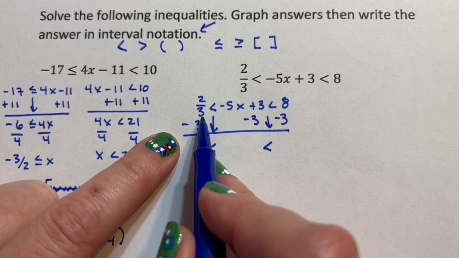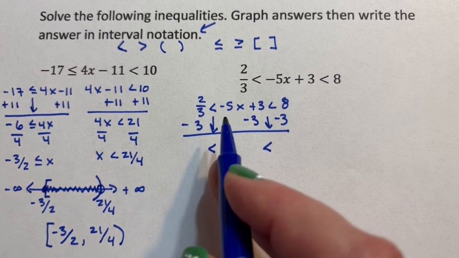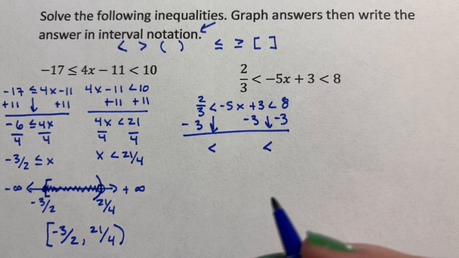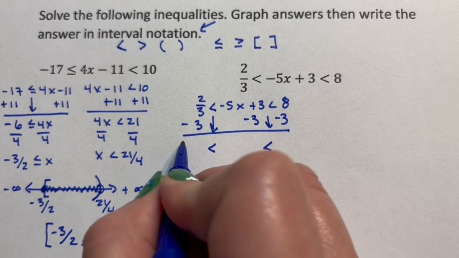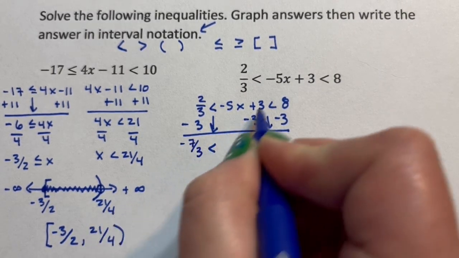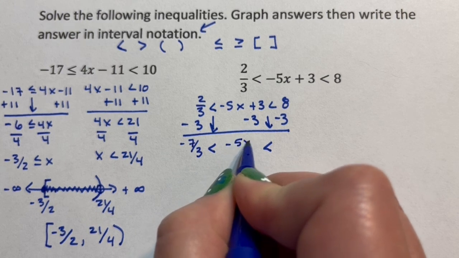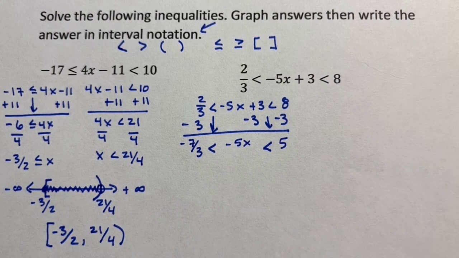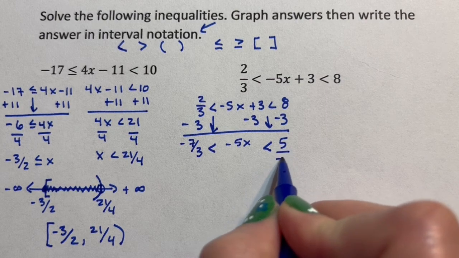So 2/3 minus 3 is going to be negative 7/3. Negative 5x. Okay, so that's going to be my first step. Next, I'm going to divide everything by negative 5.